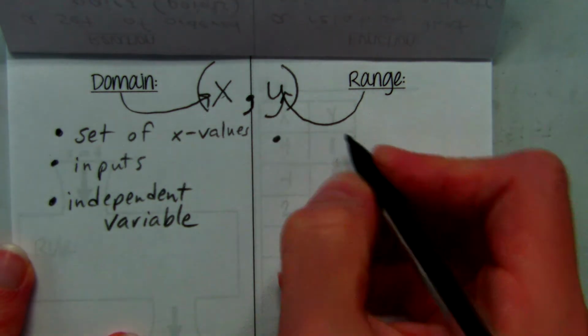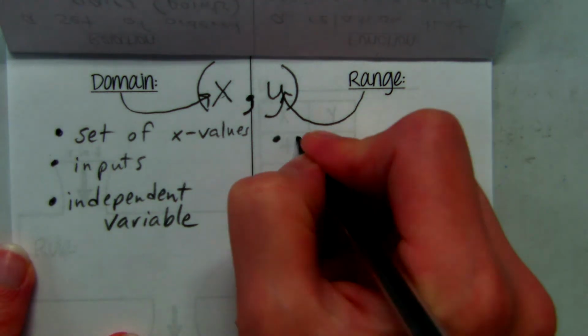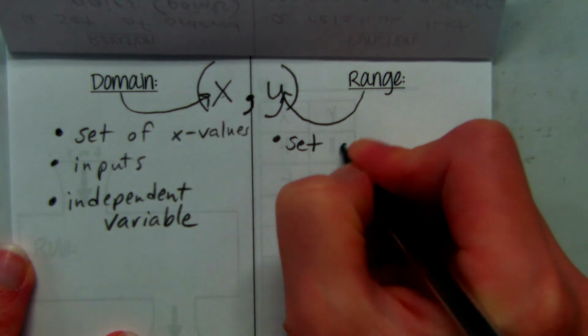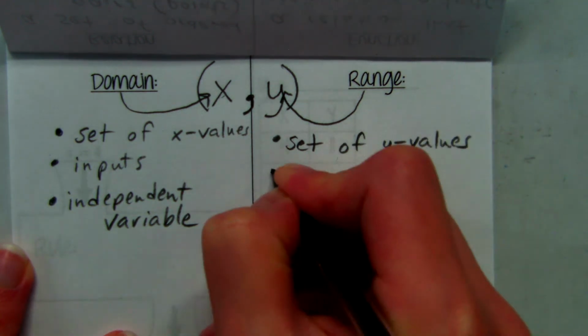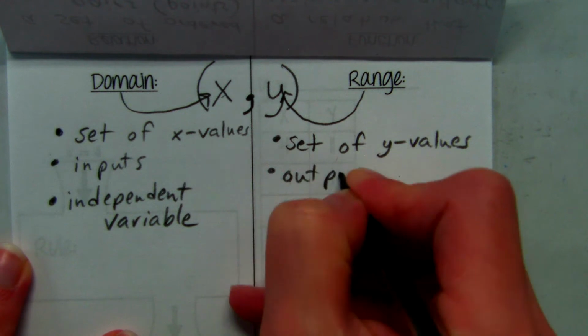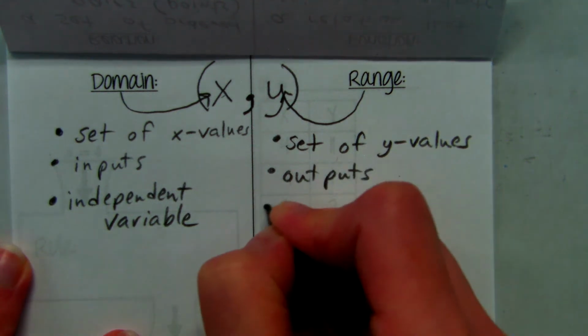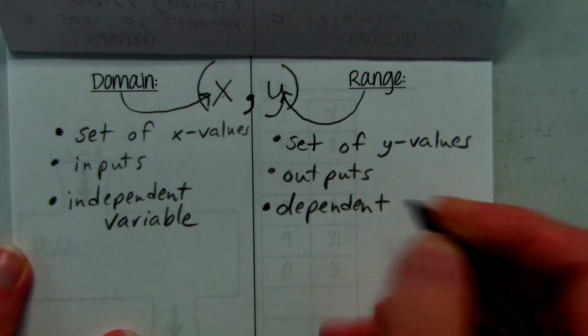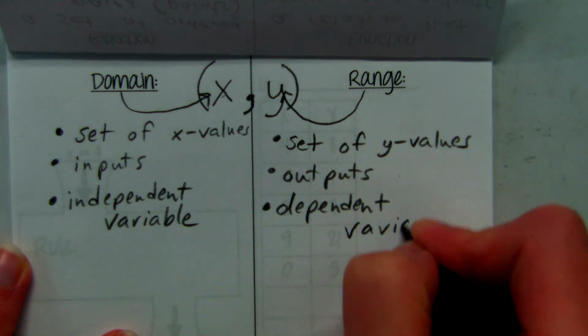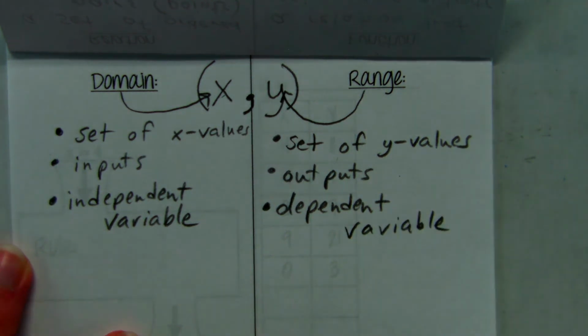Let's go over to the range. The range is the set of y values, which is the outputs, and it represents the dependent variable.